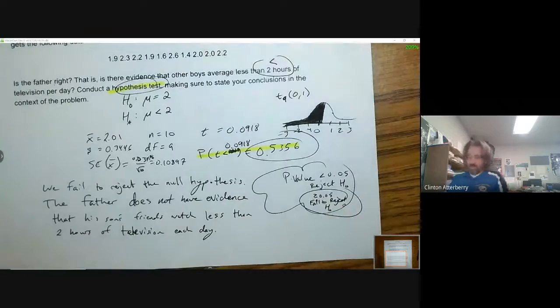All right, so let's see how I worded this. I said, we fail to reject the null hypothesis. The father does not have evidence that his son's friends watch less than 2 hours of television each day.